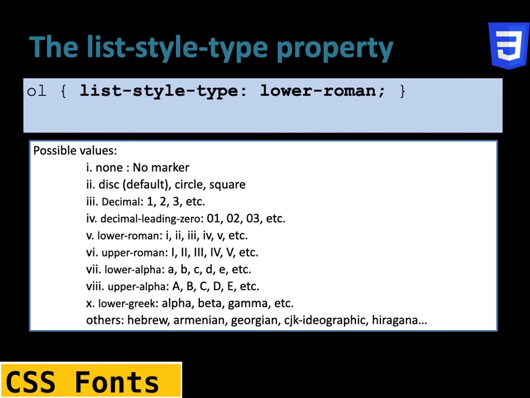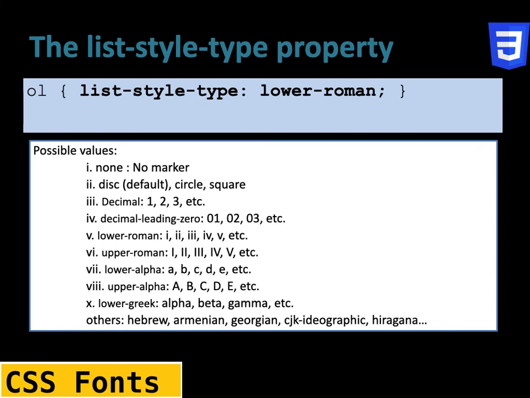The next one is decimal, 1 2 3 etc. Decimal leading zero, 01 02 03 etc. Lower Roman, upper Roman, lower alpha, upper alpha, lower Greek, that is alpha beta gamma etc. Those are the names or labels over there.